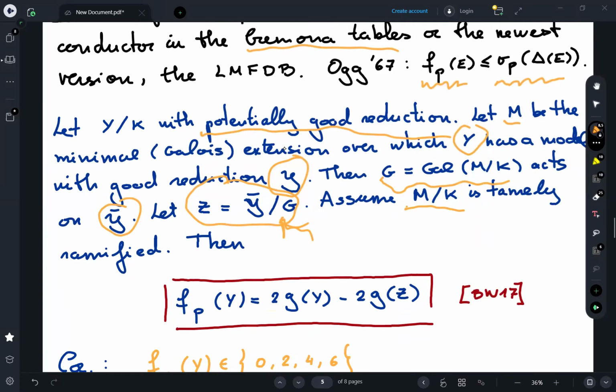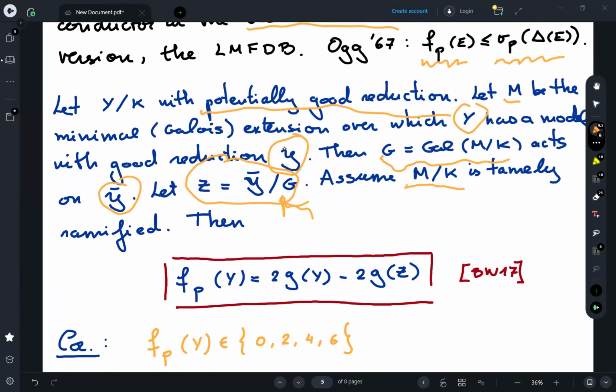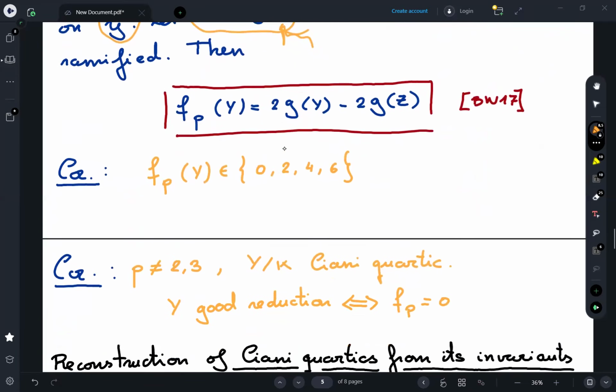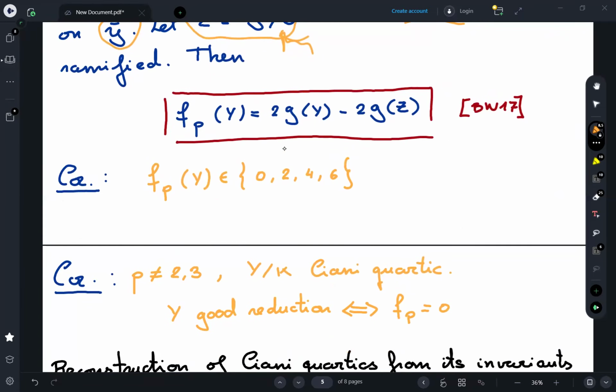As a corollary, for Ciani quartics, we get that the conductor is one of these numbers: 0, 2, 4, 6. Basically because it is between 0 and 6, and it is even. And something else that we managed to prove, which is not always true for general curves, is that the curve has good reduction if and only if the conductor is 0.